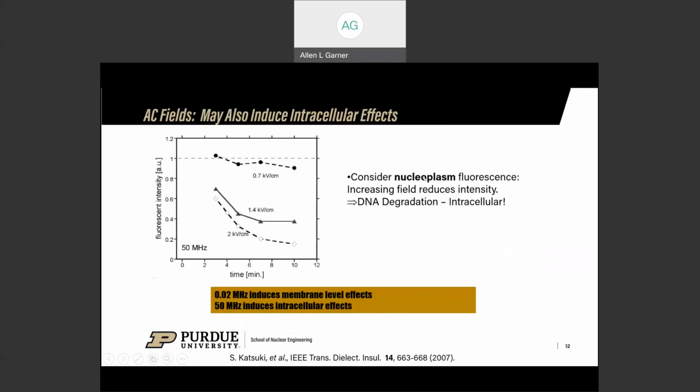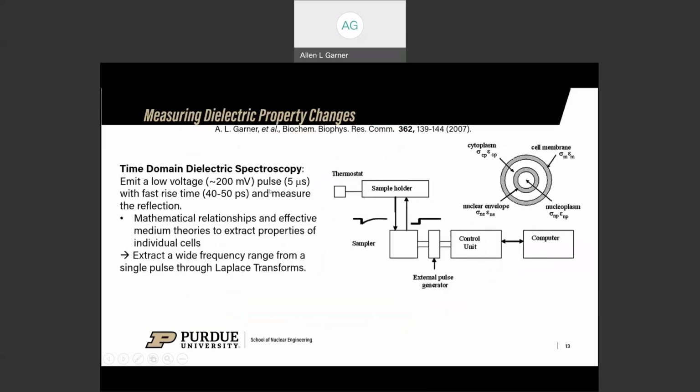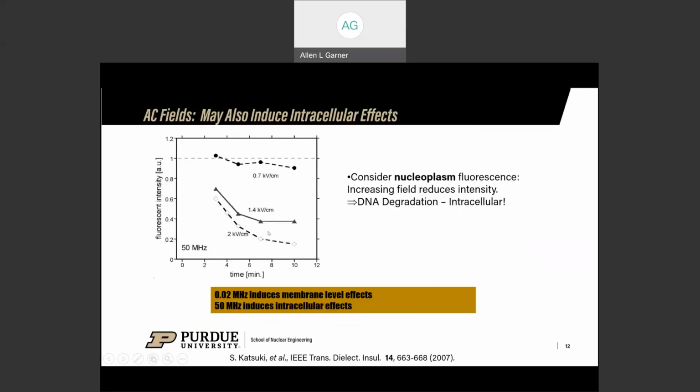However, looking at the nucleoplasm fluorescence specifically, what we're seeing here are the effects of these fields on degradation. At 1.4 kilovolts per centimeter and 2 kilovolts per centimeter, with 1 being the baseline, you're seeing nuclear degradation. So at 50 megahertz, you're getting an intracellular effect. At 0.02 megahertz, you're getting a membrane effect.